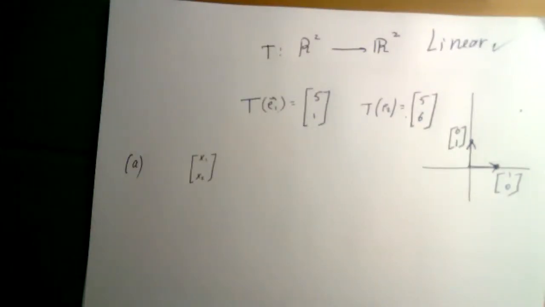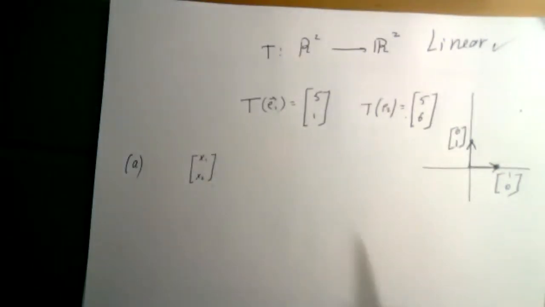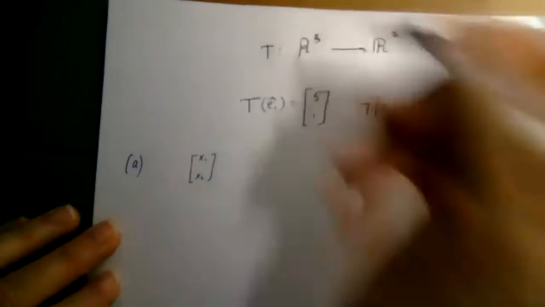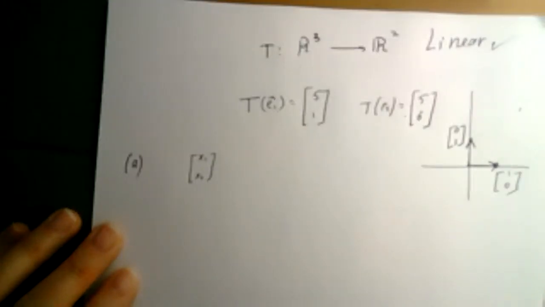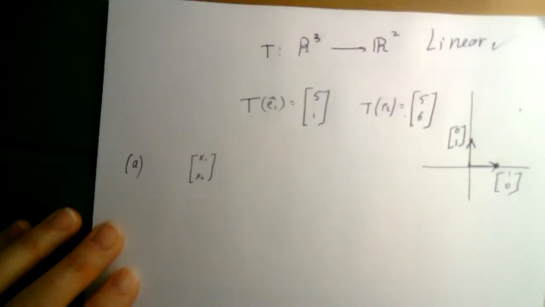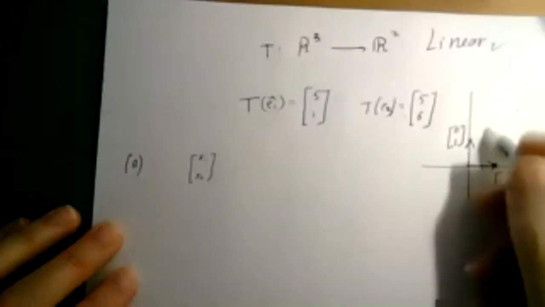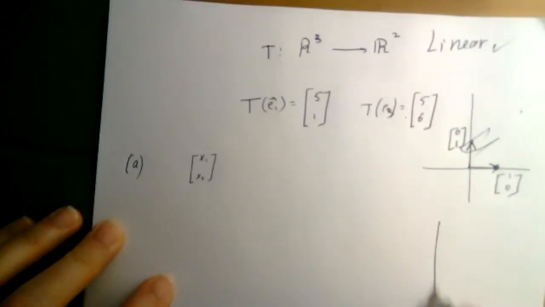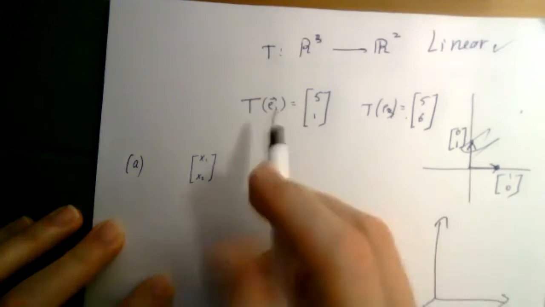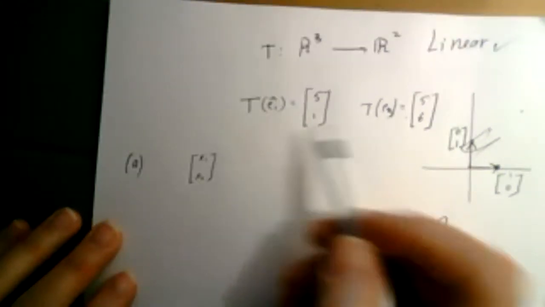Oh, sorry. Sorry, it's from R3. My apology. It's from R3. T of R3. My apology here. So it's from R3. I didn't read it carefully. So it takes E1 to 5, 1. It takes E3 to 5, 6.